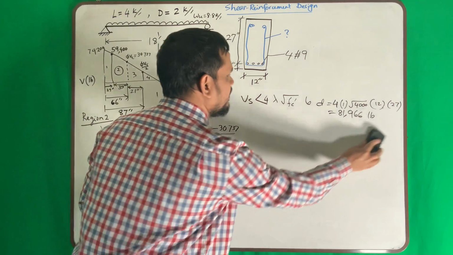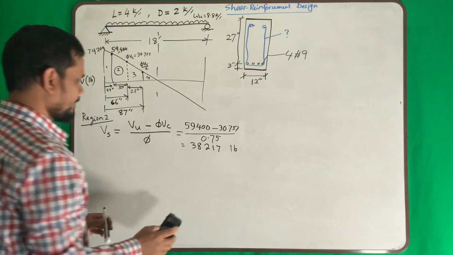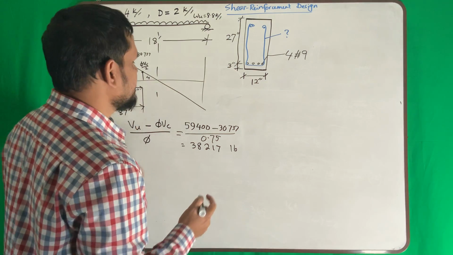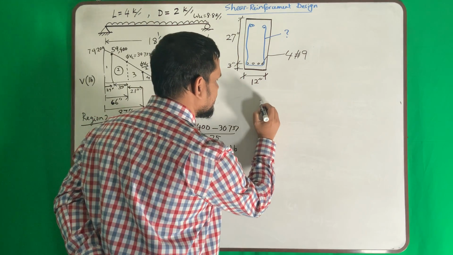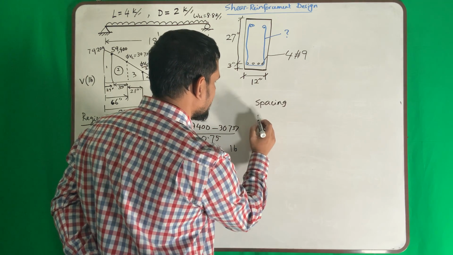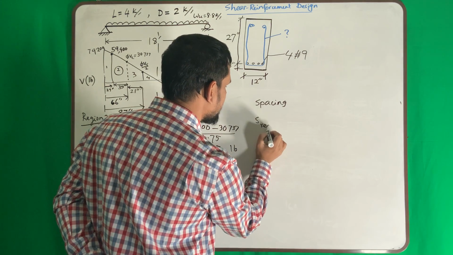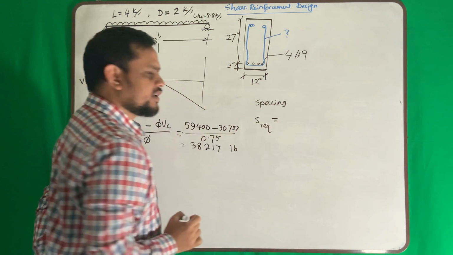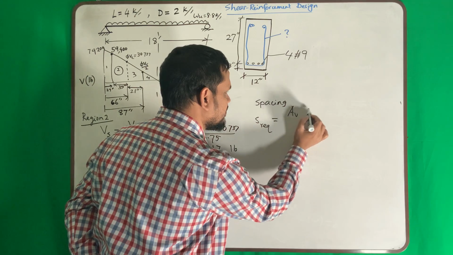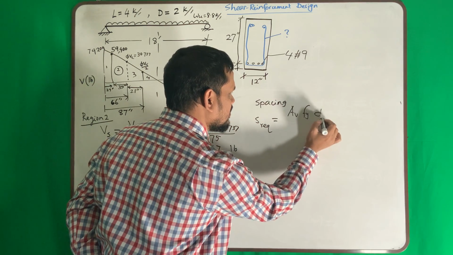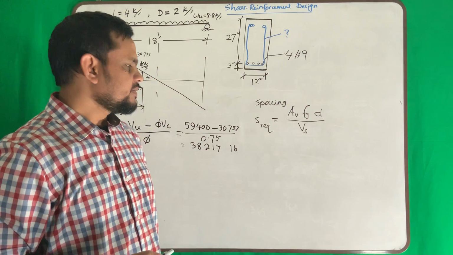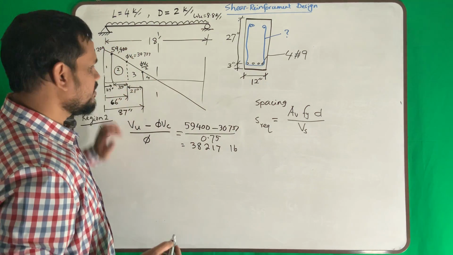Okay, then from the table you can find the spacing equation. What is the spacing now? Spacing is required. What is the required spacing? If you can remember this equation, required spacing is this equation for region number 2.